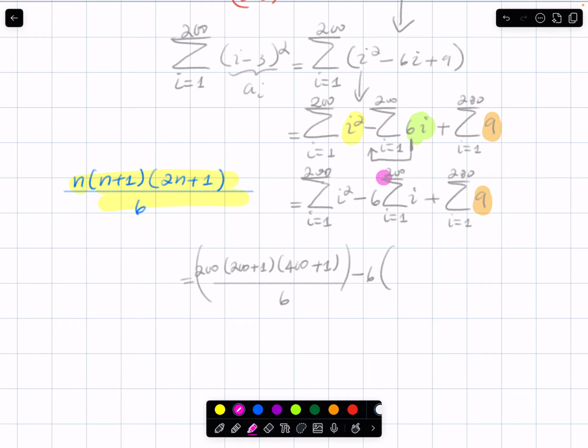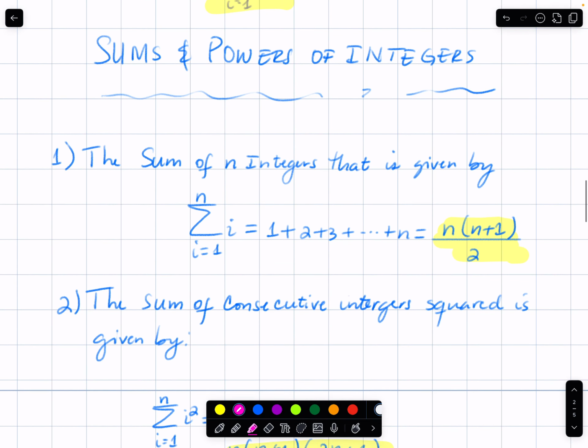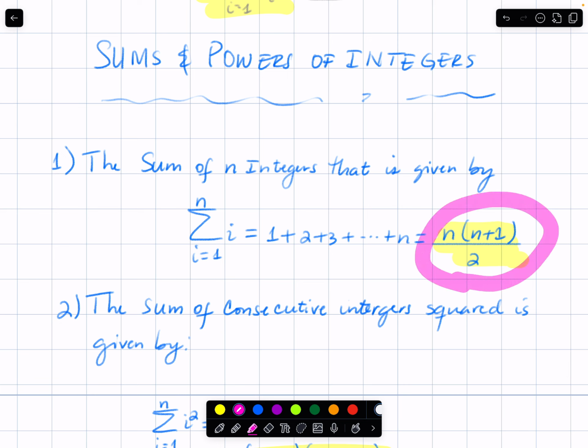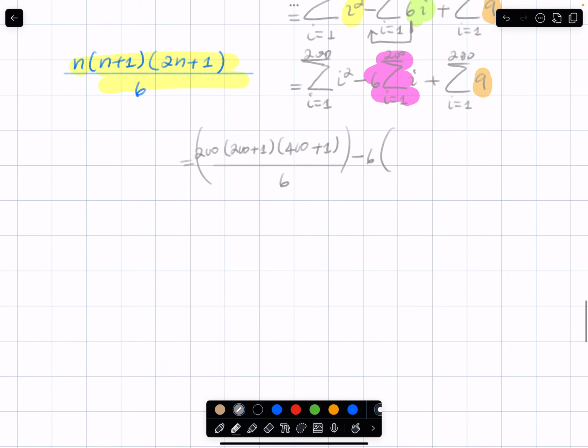If we have this, we can use another property, which is this one right here, right? Because that's what we have right here. Okay, so n times n plus 1 over 2, right? So which would be then 200 times 200 plus 1 divided by 2.